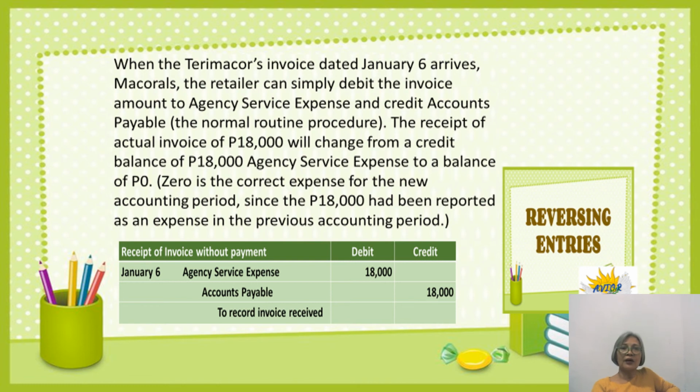The receipt of actual invoice will change from a credit balance of 18,000 expense to a balance of 0. 0 is the correct expense for the new accounting period since the 18,000 has been reported as an expense in the previous period.